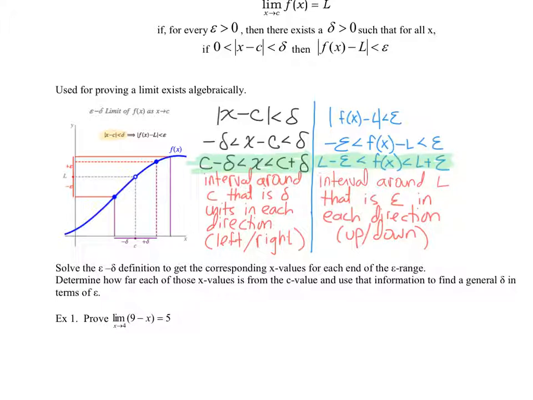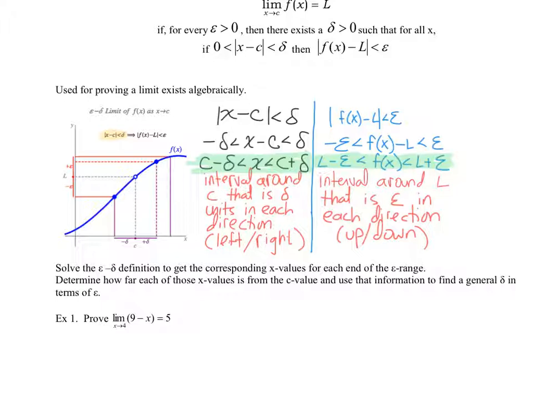Because what's happening here is as the x values converge on whatever C is, from left and from right, the y value should be converging on whatever L is. And they should be converging in some proportional way, right?